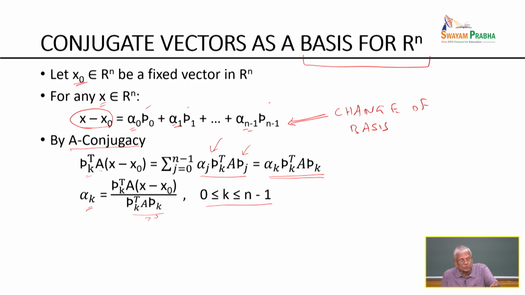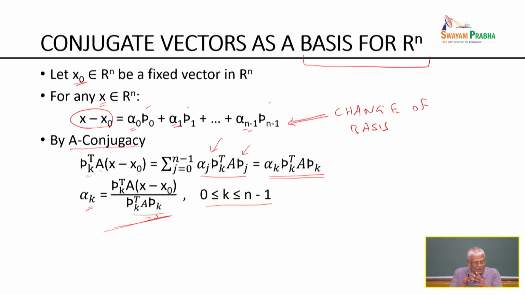So what does this provide you? The same vector x minus x naught has two representations, one in the natural basis, another in the new conjugate basis. When I represent it in the conjugate basis, I can compute the coefficients of the linear combination based on this formula.